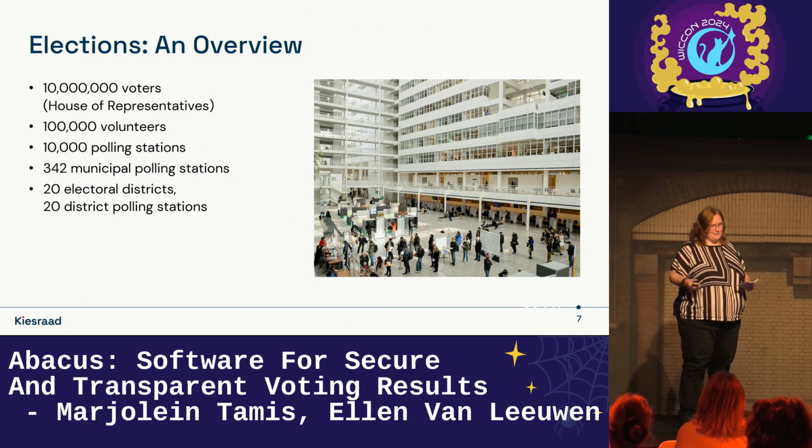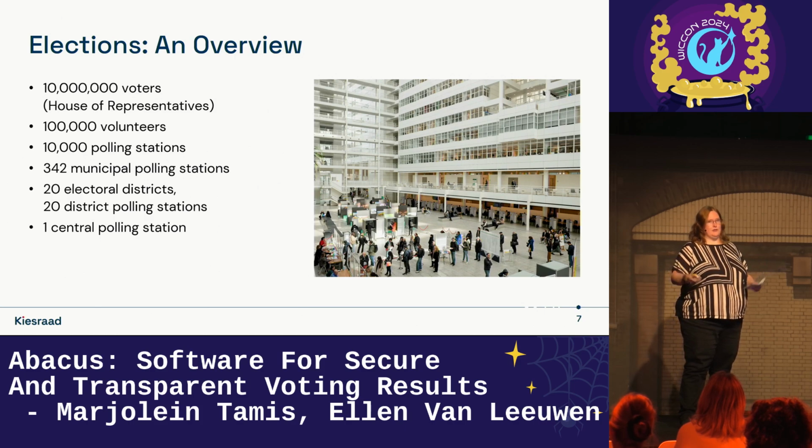I thought there were more, there weren't. There are 20 electoral districts and 20 district polling stations. We are in the electoral district of Haarlem, so that means that Haarlem itself and also a bunch of other municipalities in the area are in this district. And there's one central polling station, and as the Kiesraad, that's us.